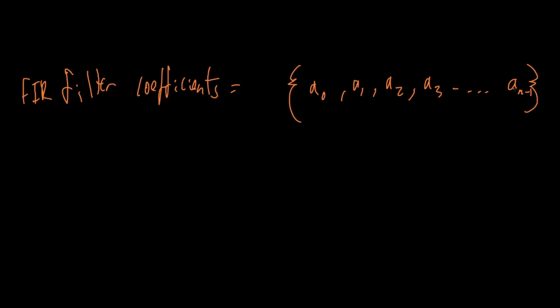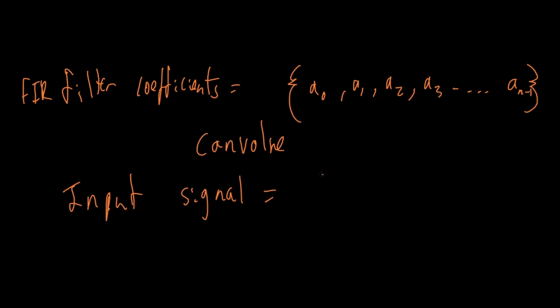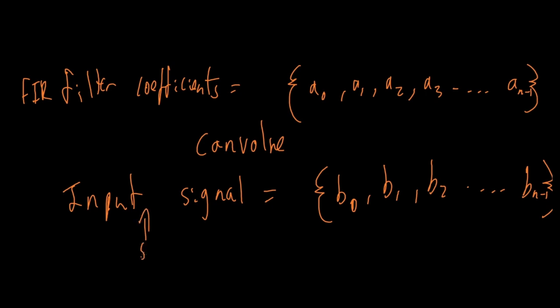We convolve this with an input signal. This input signal could be an array of, say, your sensor values, so we could call them B0, B1, B2, all the way to Bn minus 1. It could be new sensor input, audio, anything that a computer has sampled and you want to filter.